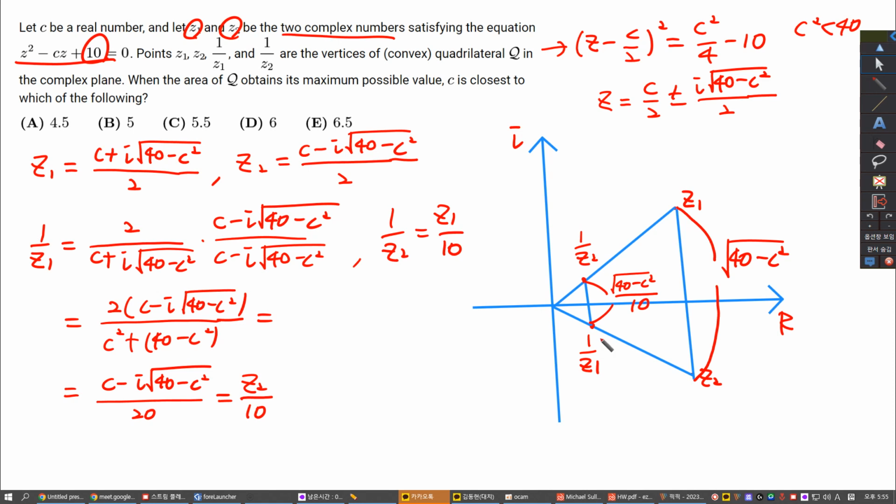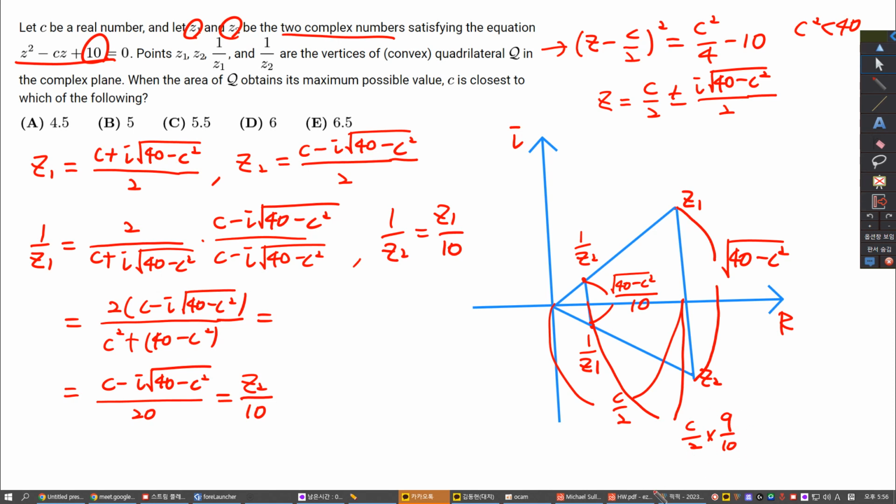And how about the height? This length is c over 2, but because the 1/10 is removed for this height, like this.